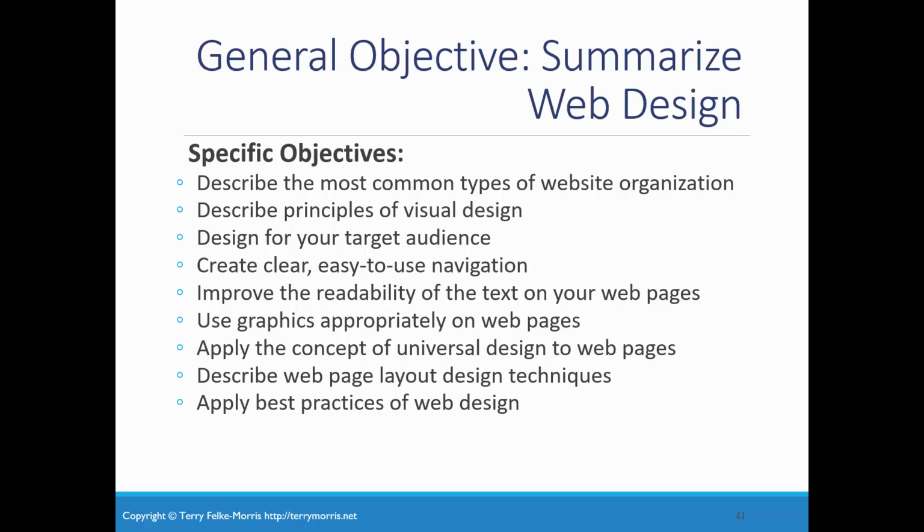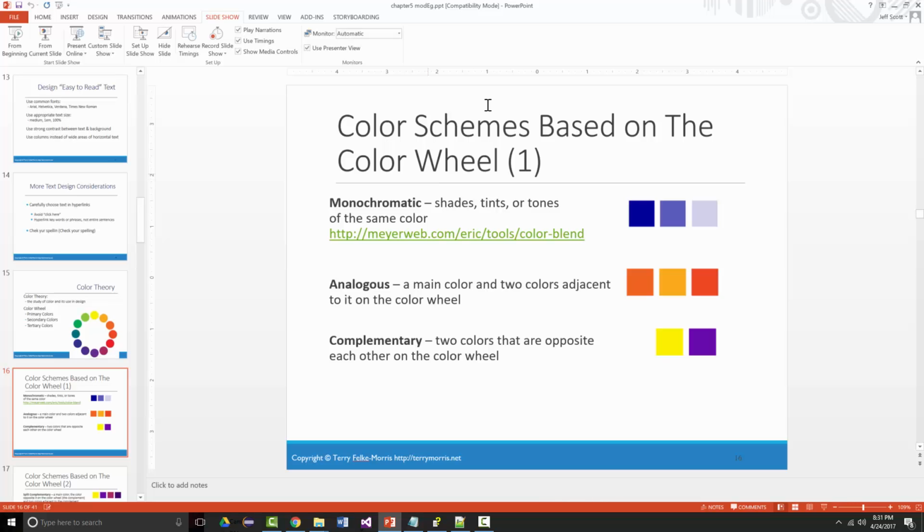We talked about the importance of designing for your target audience, including creating clear and easy to use navigation. Talked about how to improve the readability of the text on your web pages, oftentimes by providing additional graphic content. Talked about universal design and different ways that you can set up a page. All right, and that's really it for this chapter.